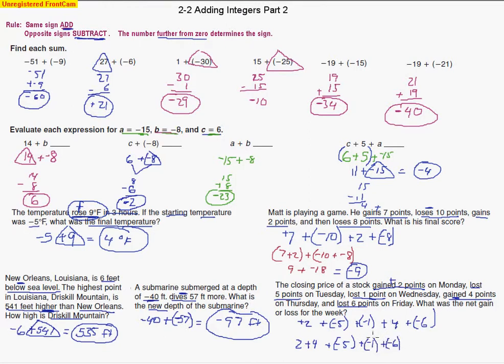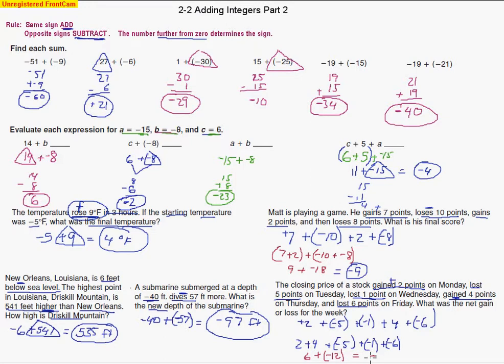So let's only do one subtraction problem. And so that's what we're going to end up having to do here if we do this using this method. So 2 plus 4 makes 6. And then we add up all these negatives. We have -5, -1 makes -6, plus another -6 makes -12. Well, now I just have one subtraction problem because they're opposite in sign. So I subtract, and I end up at 6.